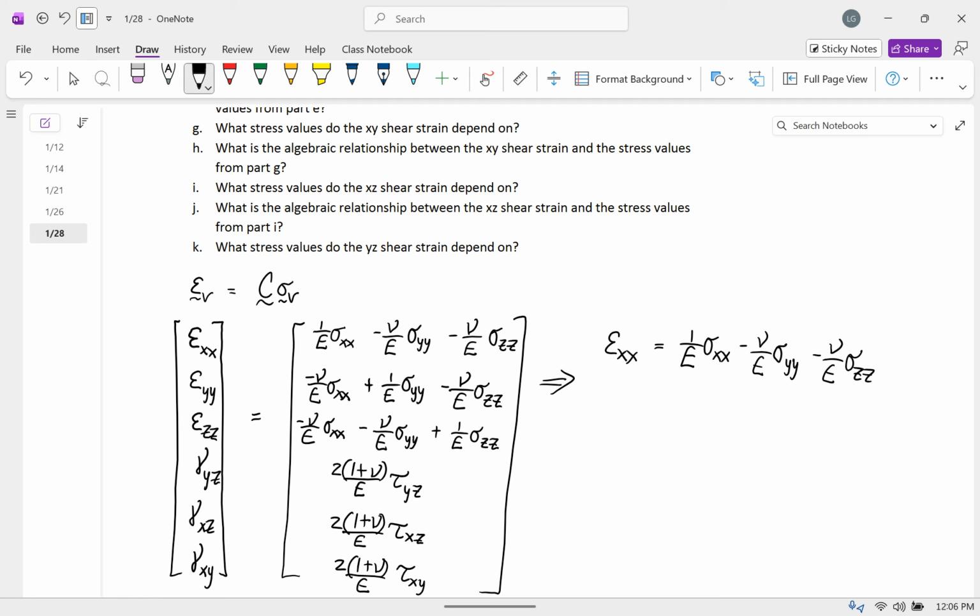And you can just go down like that. So there are cases where even if you don't know all of the stresses, you can still calculate certain strains. Which ones you can calculate depends on these dependencies.